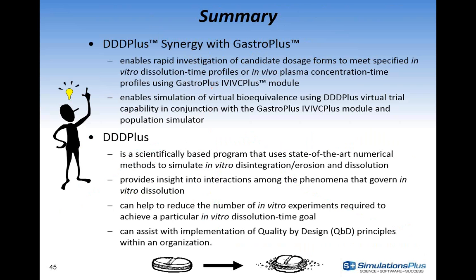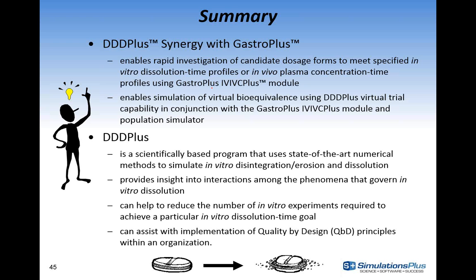So this example shows the synergy that DDDPlus has with GastroPlus. It enables you to rapidly investigate the candidate dosage forms that would meet a specified in vitro dissolution time profile that describes an in vivo plasma concentration profile using the GastroPlus IVIVC module.